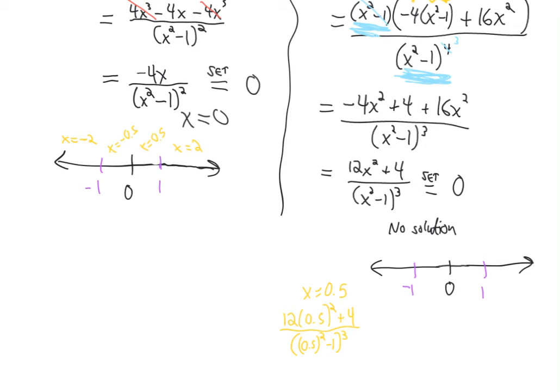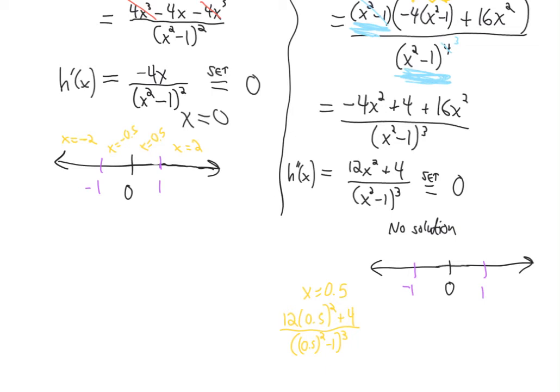Now, what we were saying earlier, if I plug a negative number into the numerator of the first derivative, so remember that this here is the first derivative, and then just for record keeping sake, that's the second derivative over here.